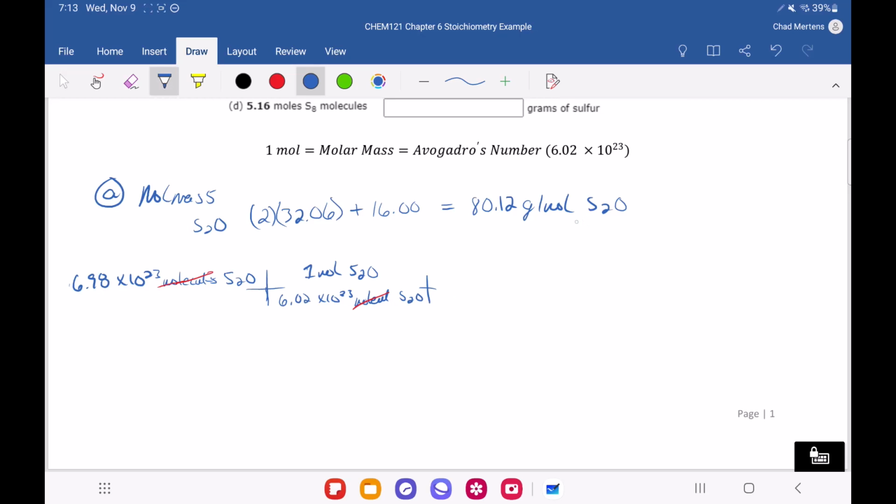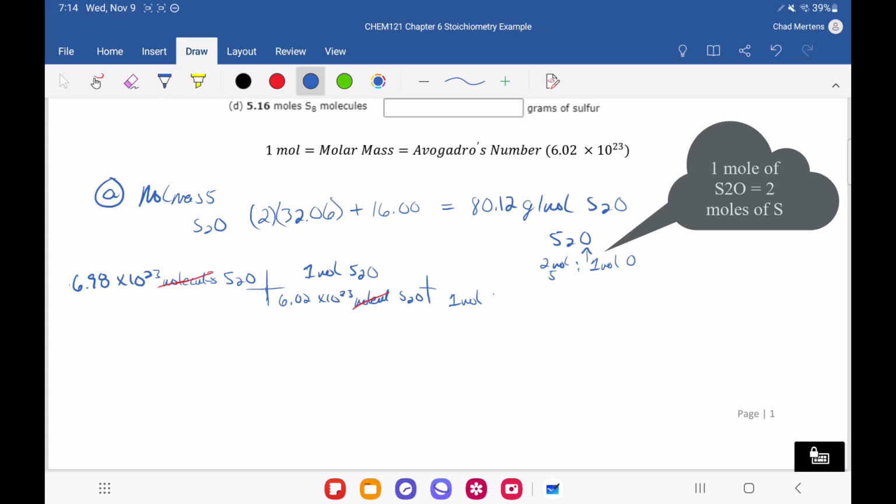We can see in our chemical formula for S2O, for every 1 mole of S2O, there are 2 moles of sulfur. So we will put 1 mole of S2O is equal to 2 moles of sulfur.